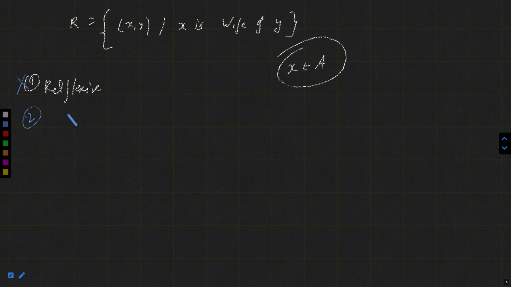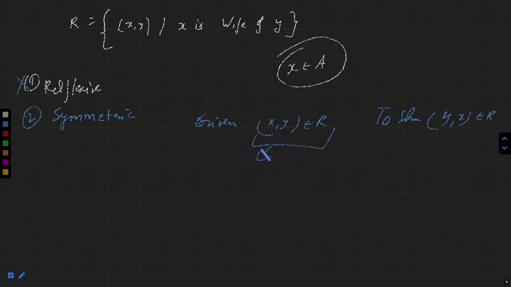Now the symmetric relation. Given that (x, y) belongs to R, we need to show that (y, x) belongs to R. What I can say from this piece of information is quite trivial: x is the wife of y.